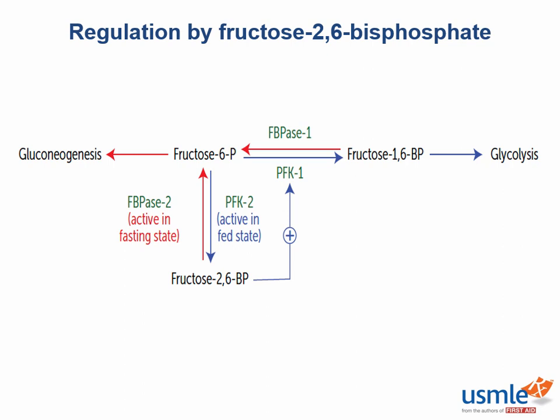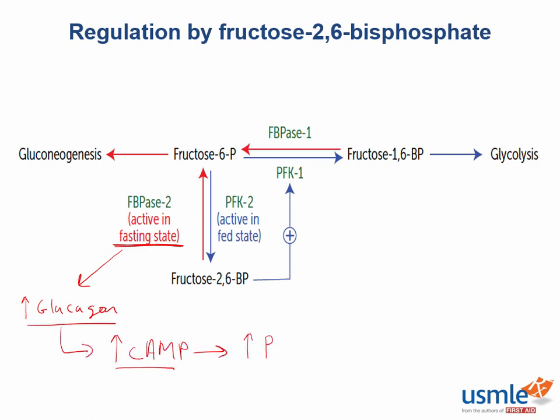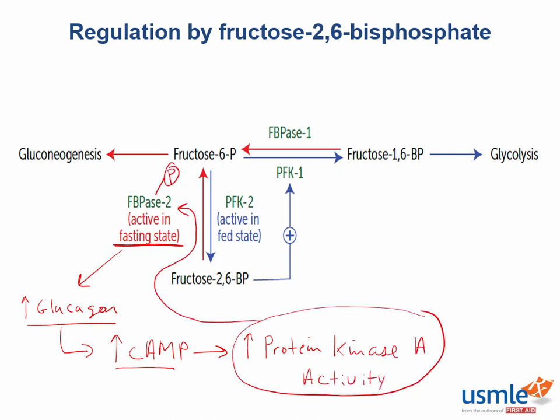Alright, now let's compare the regulation of this enzyme in the fed as well as the fasting state. Now in the fasting state, high glucagon increases the amount of cyclic AMP through a G protein coupled receptor. This increases the activity of protein kinase A, which phosphorylates fructose bisphosphatase 2.